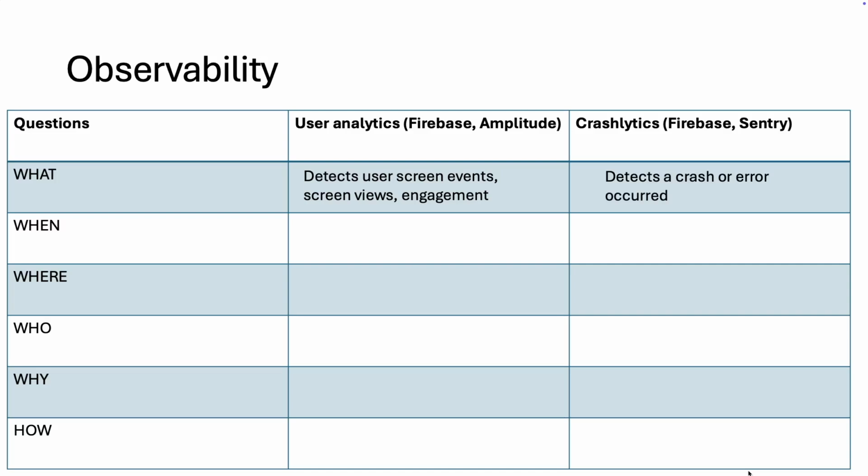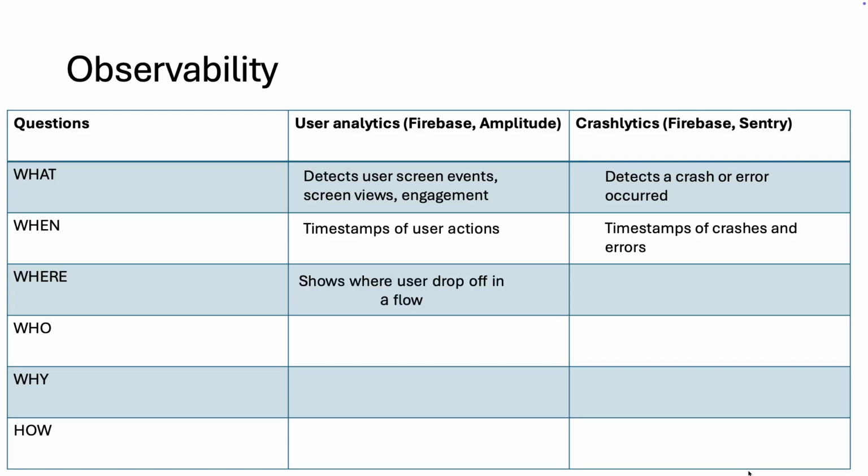When it comes to answering when it happened, user analytics has the timestamps of the user actions. That is also the case with Crashlytics. The stack traces have the timestamps. Where it happened, user analytics shows where the user drop-off is happening in the user flow in the application. Crashlytics, once again, captures the device info, OS, app version, all that information. So they are able to answer where it happened.